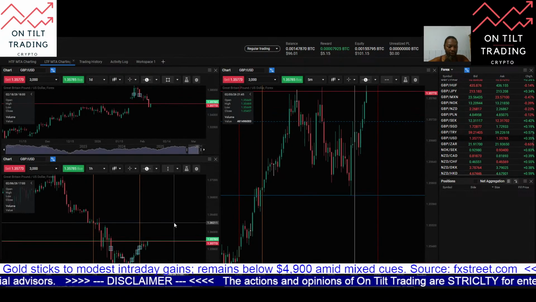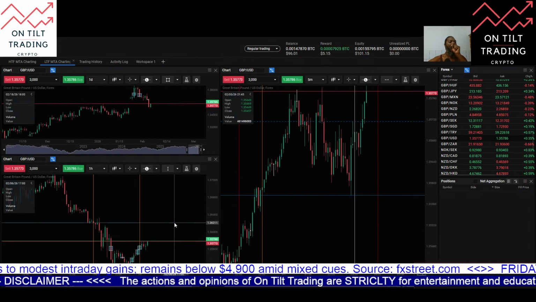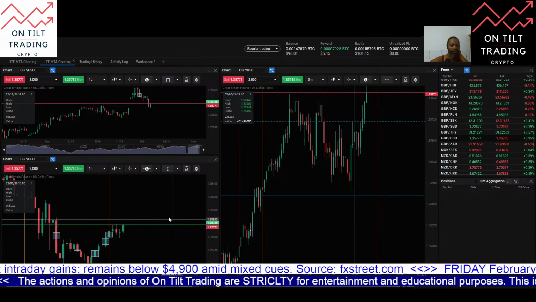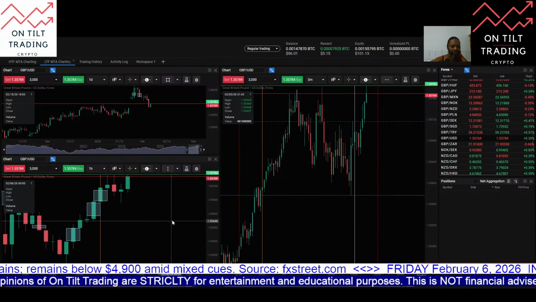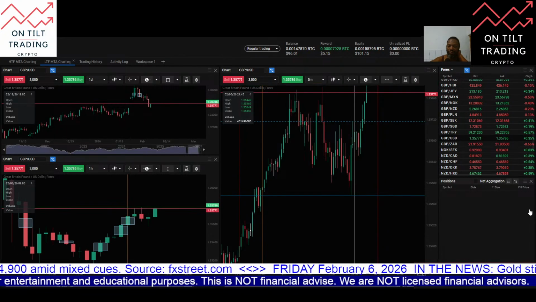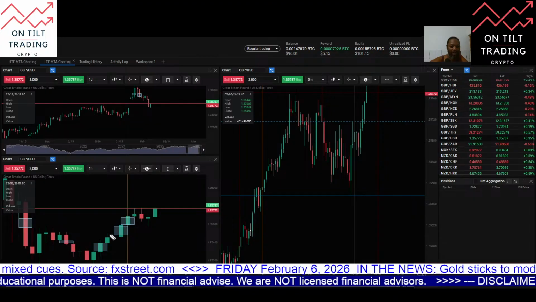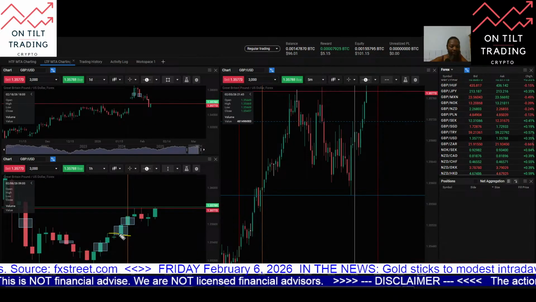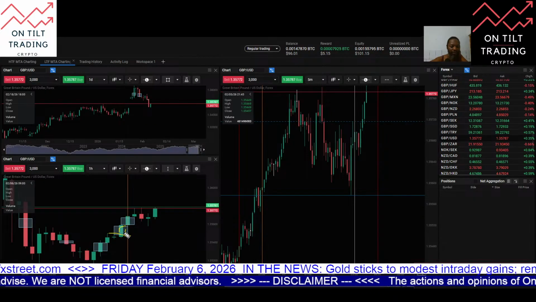But structurally on the 1 hour, I don't like it. And it's similar here, especially with all these gaps here. There's a body candle close here to the buy side.